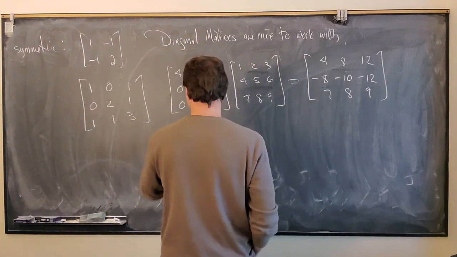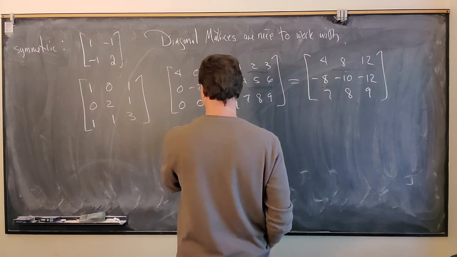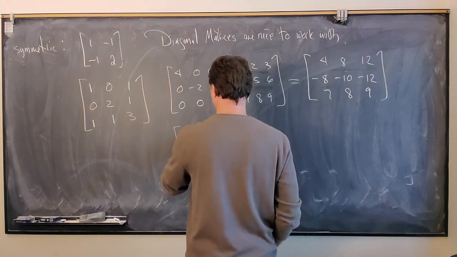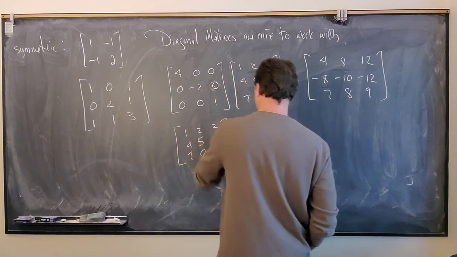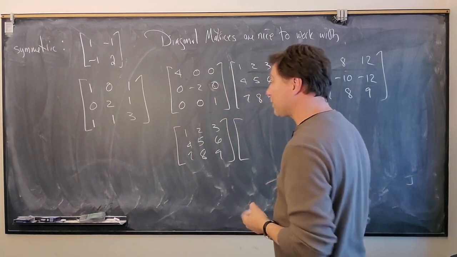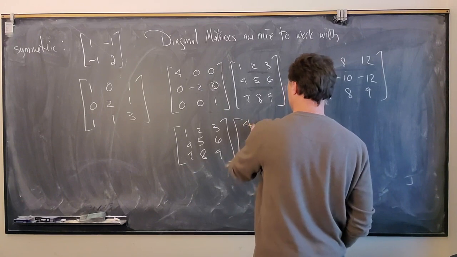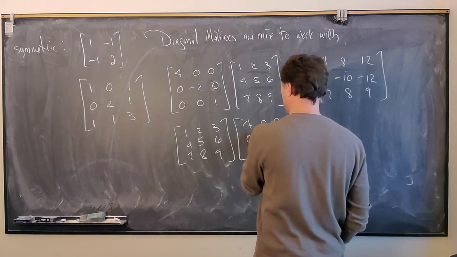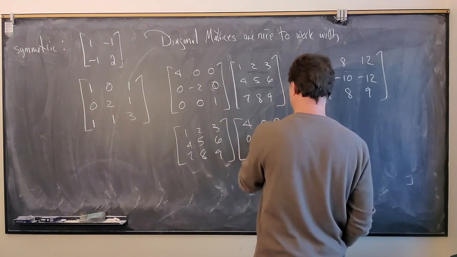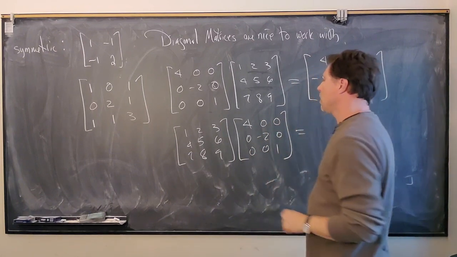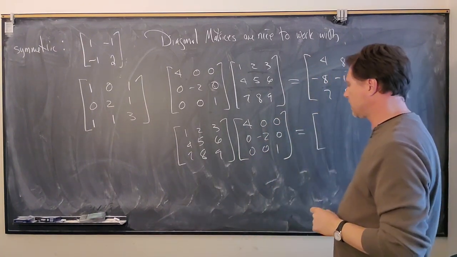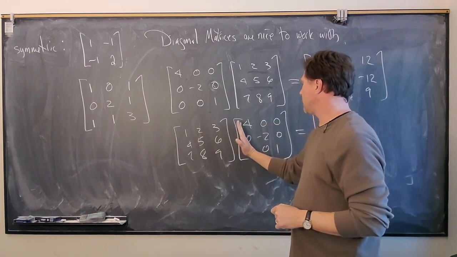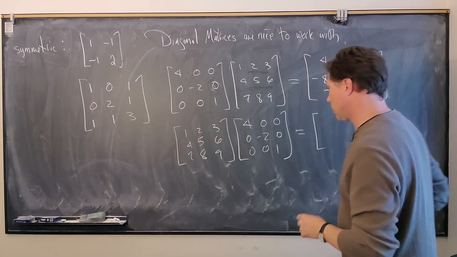Let's see what happens if we reverse that. So 1, 2, 3, 4, 5, 6, 7, 8, 9. Now what I'd like to do is multiply on the right by a diagonal matrix. So let's see, I need to take the first row and dot it with each of the columns. So what will I get?